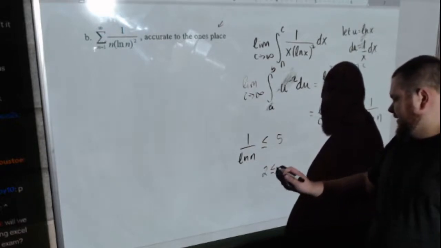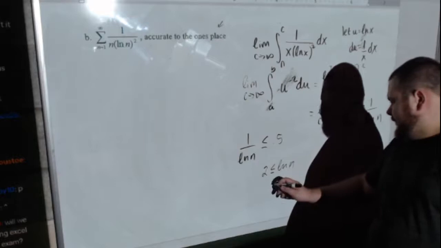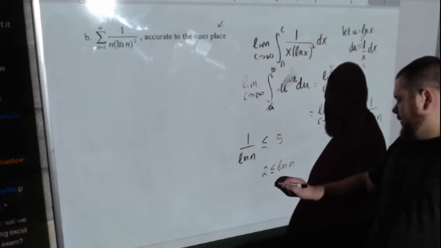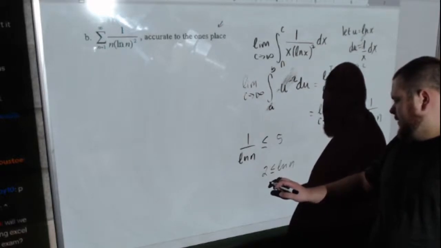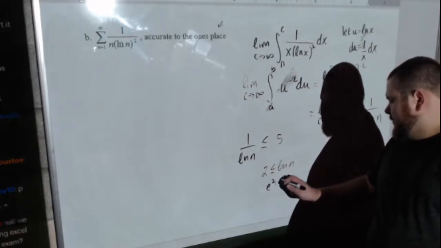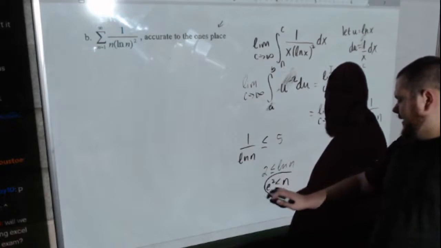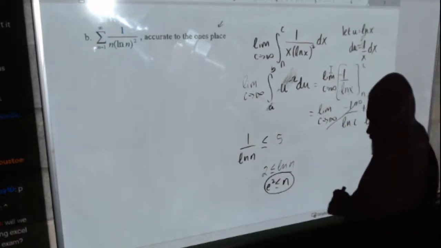So that's 2 less than or equal to natural log n. And then take e of both sides. So you get n is greater than or equal to e squared.